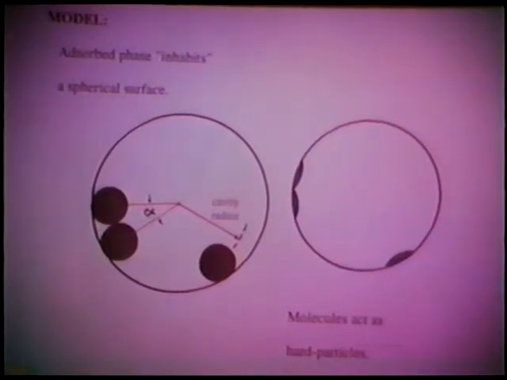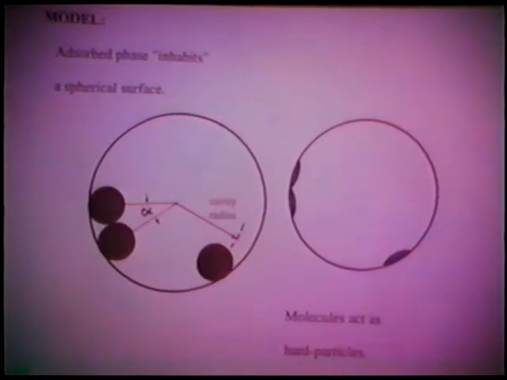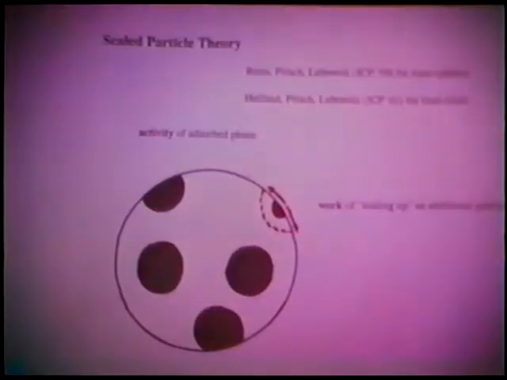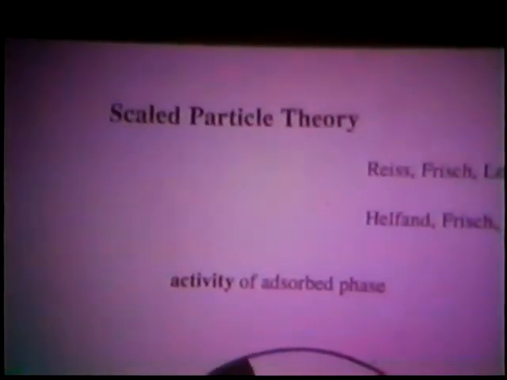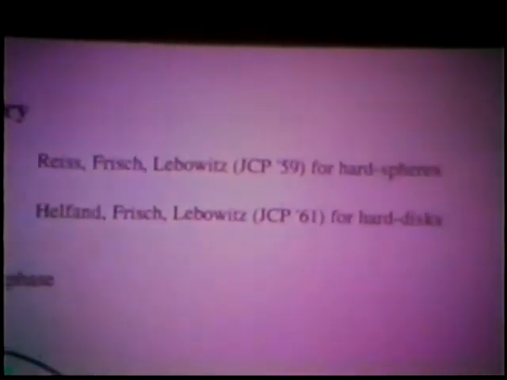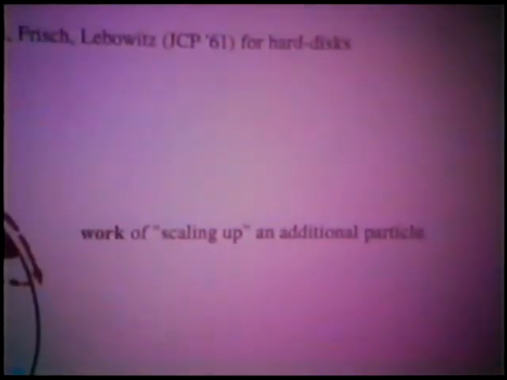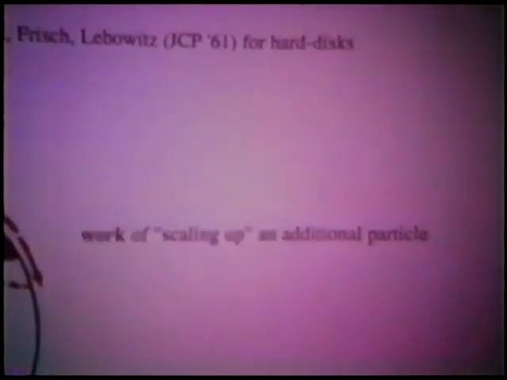But if we adopt this very simple model of rigid particles adsorbed onto the spherical surface, then we can introduce a rather elegant theory from liquid state theory to predict the activity of the adsorbed phase. This is scaled particle theory, developed by Reiss, Frisch, and Lebowitz for hard spheres and later extended to hard disks. And we can very simply make the extension to this hard cap fluid.